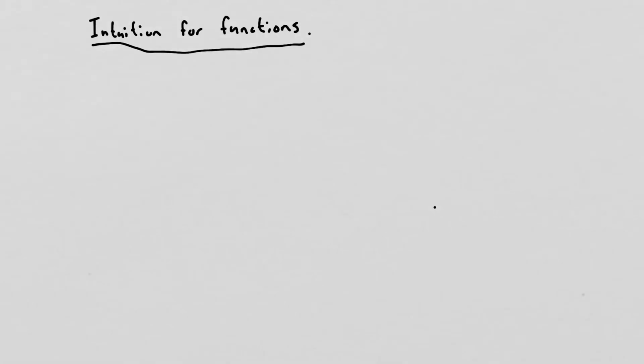So before we draw pictures, let's have an ad hoc definition of a function. So intuitively, we're going to think of a function again as the following. A function is going to consist of two things.